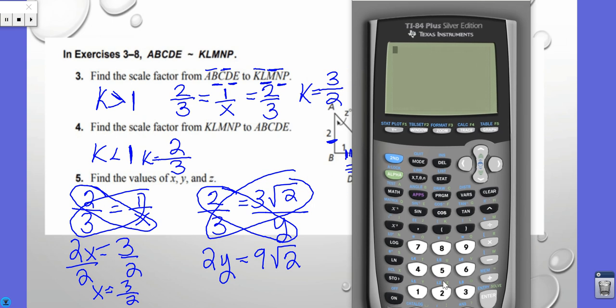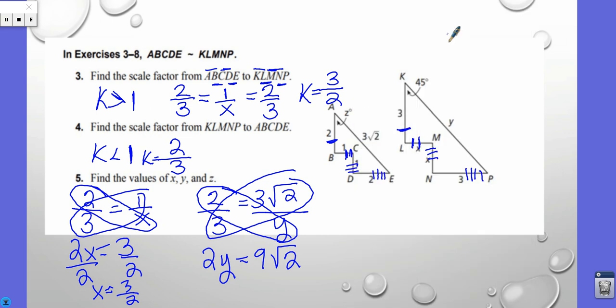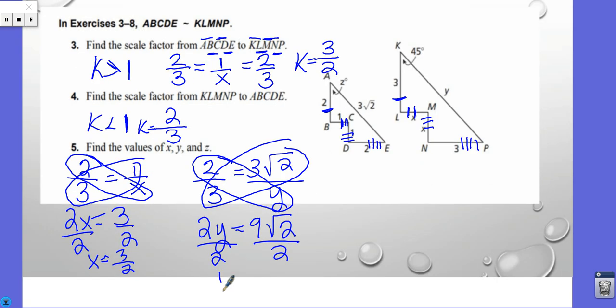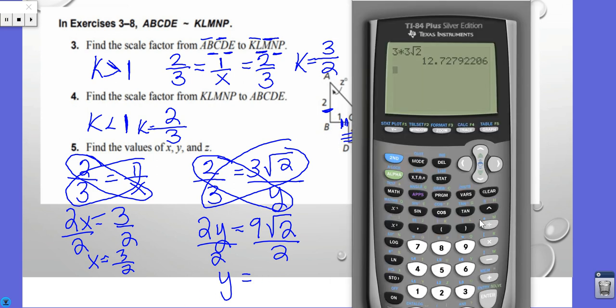and you do 3 times 3 square root of 2, and it's going to give you some type of decimal. It's going to give you 12.73. It's okay if you write this in decimal form, but we generally don't, but that's okay if you get it. That's fine. You can use the decimal form. And then divide both sides by 2, and because this is an irrational number, I'm going to go ahead and show you both forms.